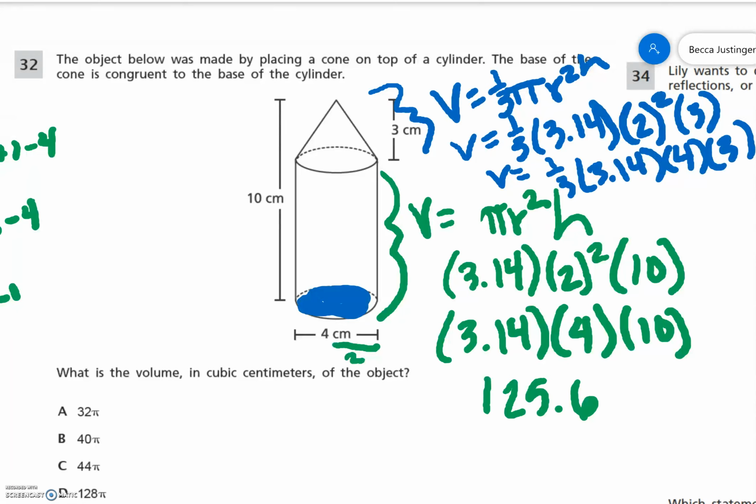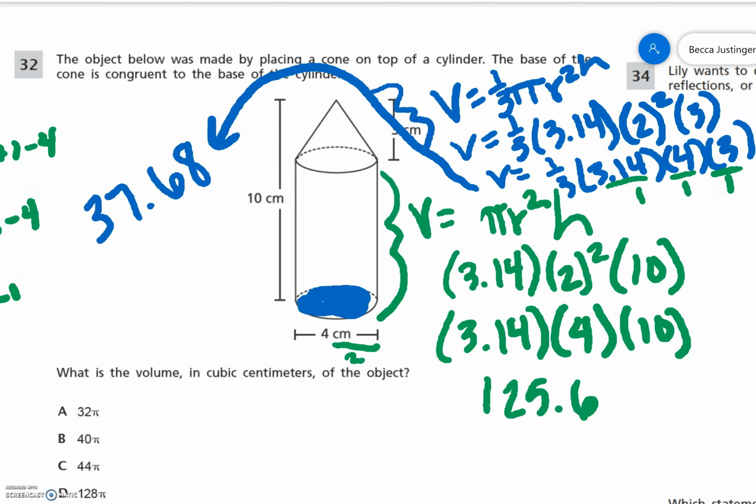Now we multiply, and since we've got that 1/3, we can put these all over 1. And I'm going to put this over here. So 1 times 3.14 times 4 times 3 is 37.68.